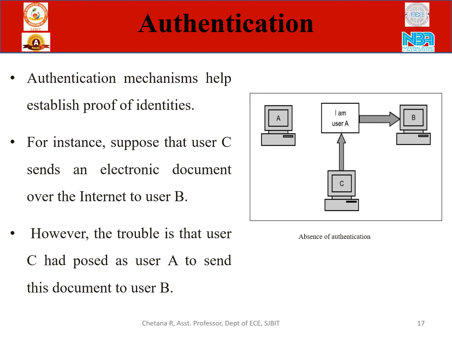B assumes that the information has come from A, but when you really check, it is not A, instead it is C in the form of A. So this is called loss of authentication or absence of authentication.